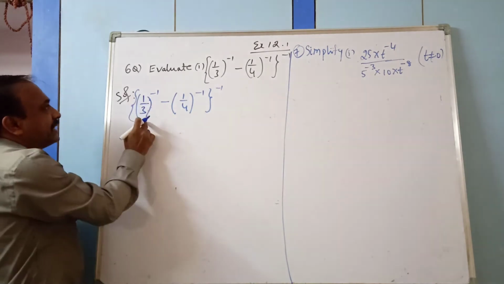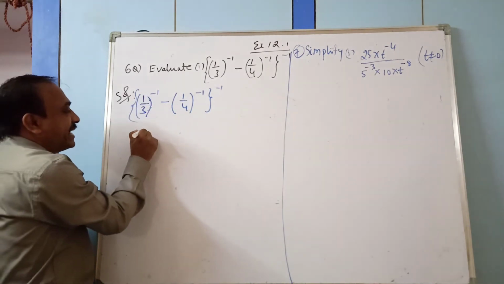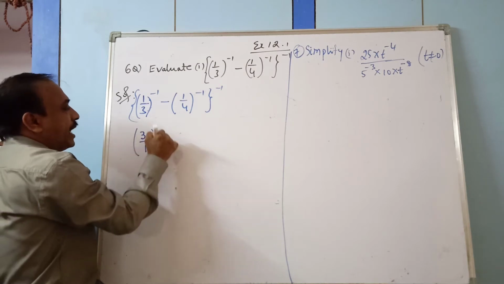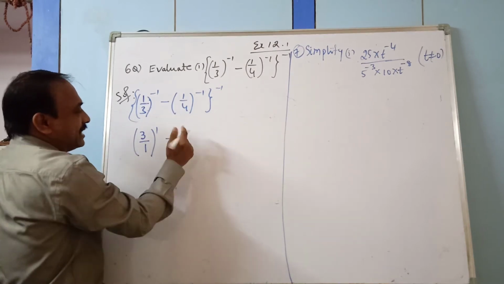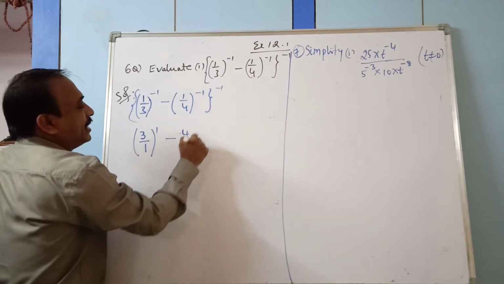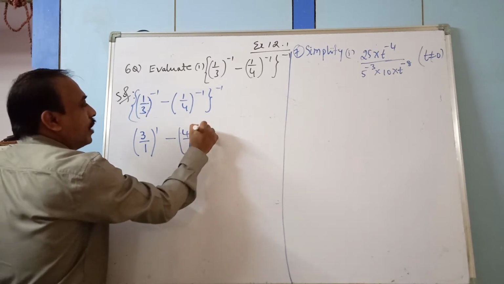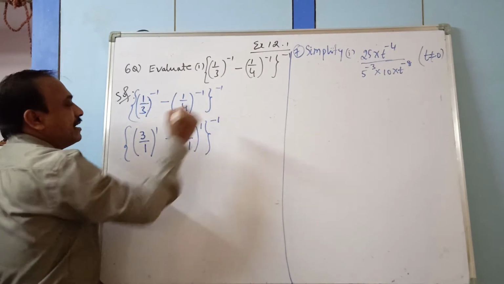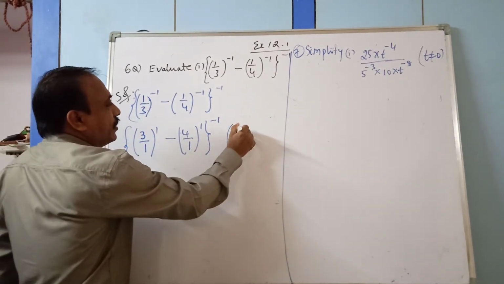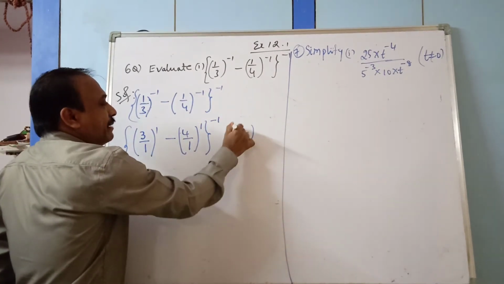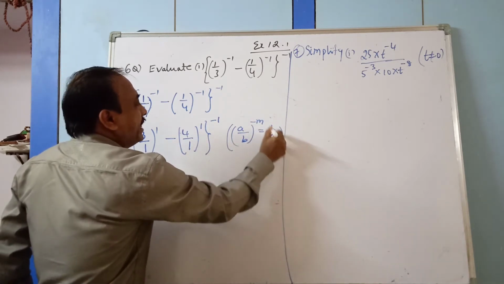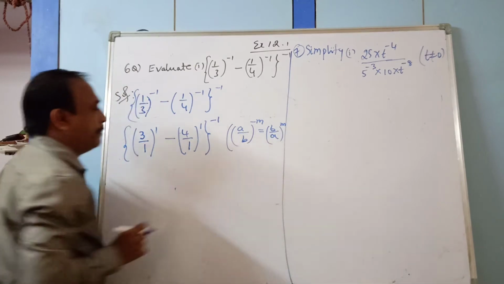So (1/3)^-1 can be written as (3/1)^1, minus, similarly, (4/1)^1, and the bracket whole to the power -1. Here we use the identity (a/b)^-m = (b/a)^m.